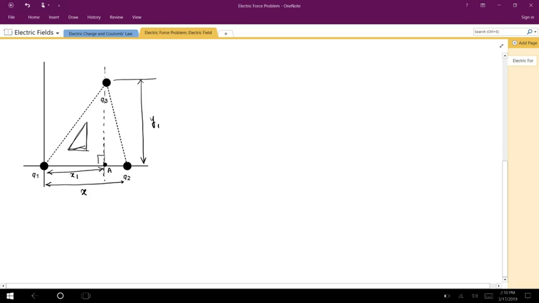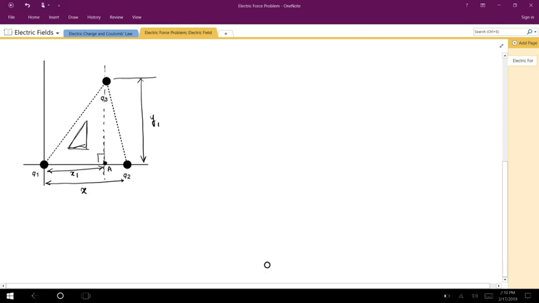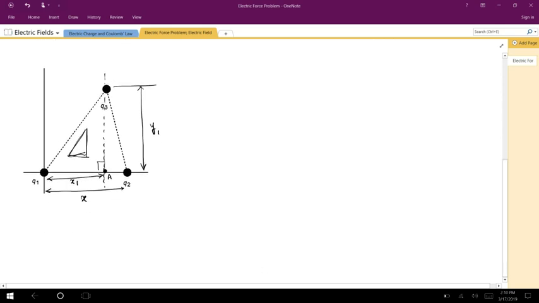In that triangle, the hypotenuse is going to be equal to the square root of x1 squared plus y1 squared, simply using the Pythagorean theorem.